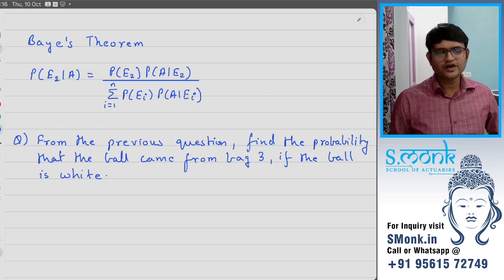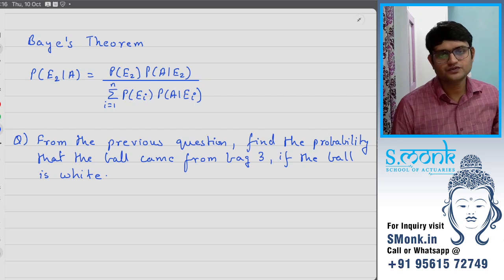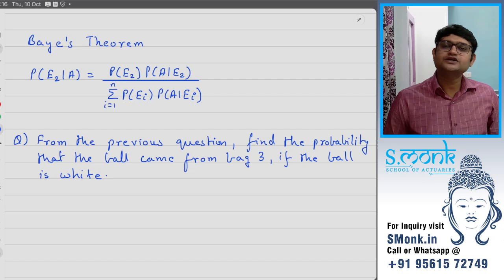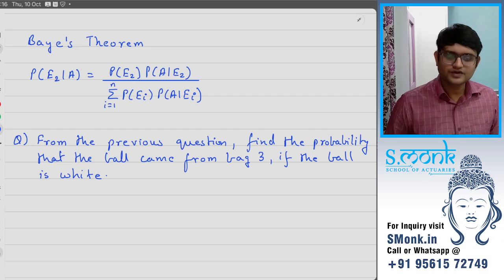We are trying to find the probability of the path that we took. So we are saying we chose a bag, then we chose a ball, and it turned out to be white. We are trying to find what is the probability that it came from bag 3.